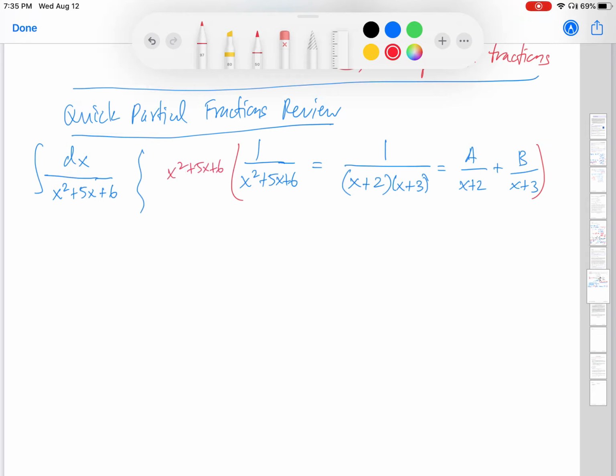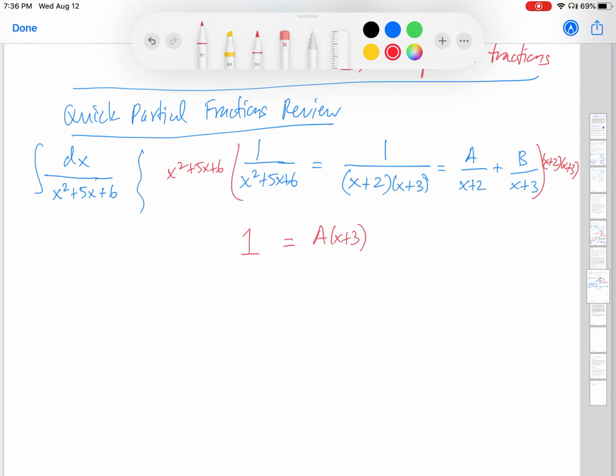On the left-hand side, this would cancel out with that, and I would be left with just the numerator here. So 1 equals, and then on the right-hand side, because x squared plus 5x plus 6 factors into this, it is like multiplying by x plus 2 times x plus 3. That's useful because when I multiply this times this term, the x plus 2's would cancel, and I would be left just with the x plus 3 times a.